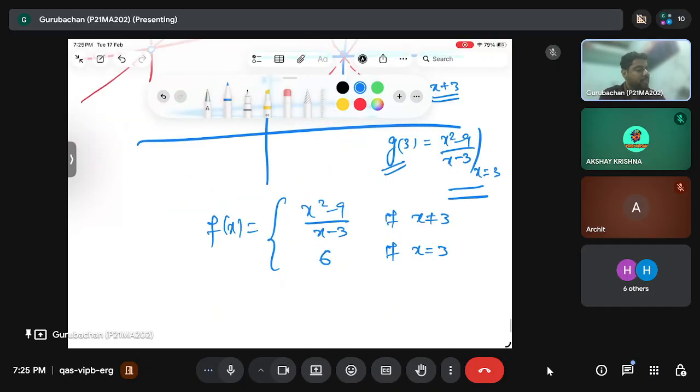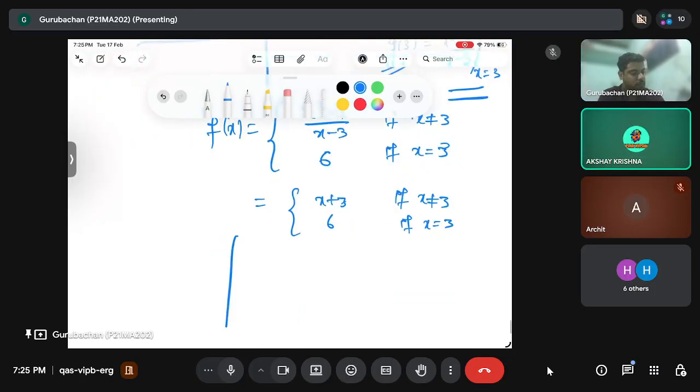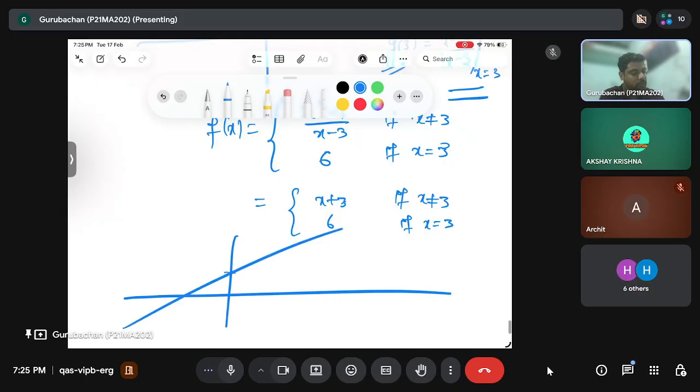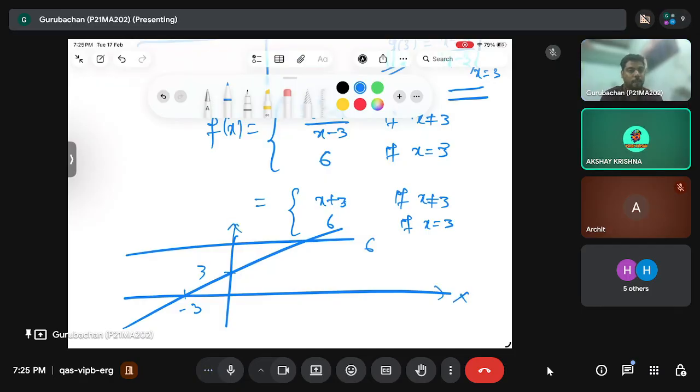So precisely we may write it as x plus 3 and 6. What is the graph of x plus 3? A line, which is like this. This is 3, this is minus 3. And what is 6? A point. Yes.